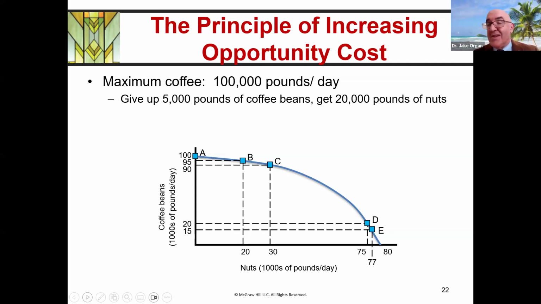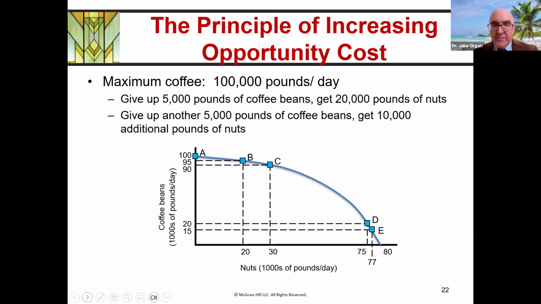Because all those people that are really good at making nuts and can make them really easily are suddenly going to have to move to coffee, which they're not so good at, but if you want to then, say, go down from 95 to 90, the opportunity cost is slightly less.